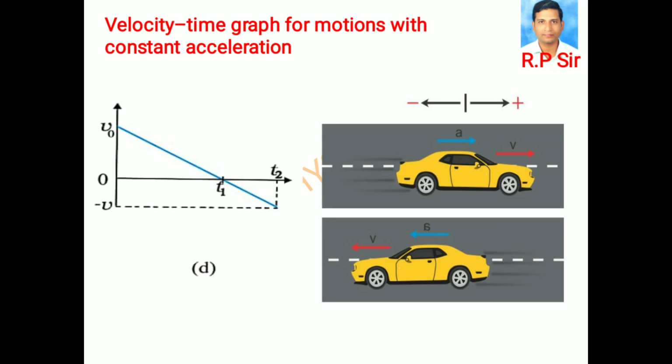Now the fourth graph. This graph represents the motion of an object with a negative acceleration that changes its direction at time t1.